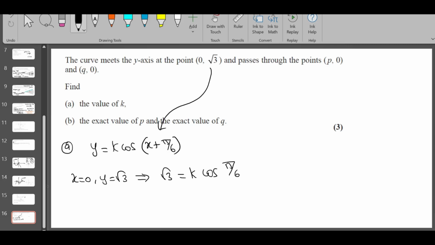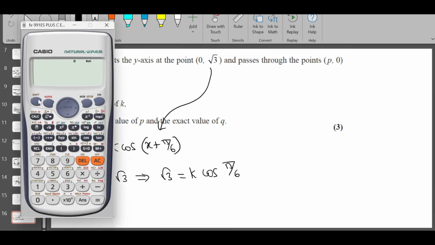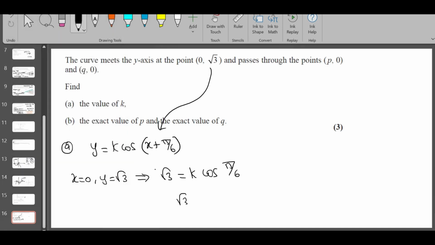Cos pi over 6, when you put it in your calculator, should be root 3 over 2. Root 3 is equal to k times root 3 over 2. Root 3 cancels, so you'll get k is equal to 2.